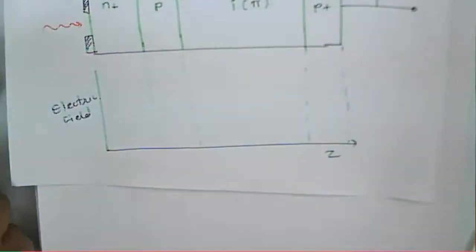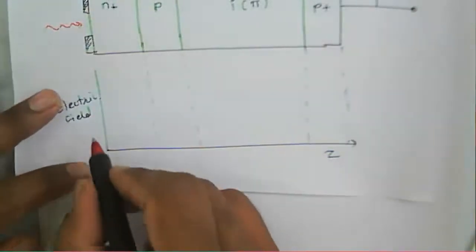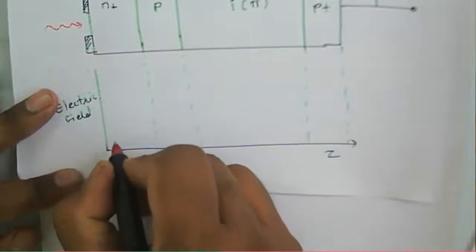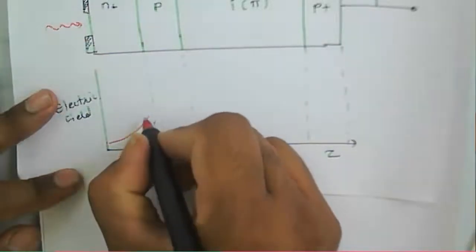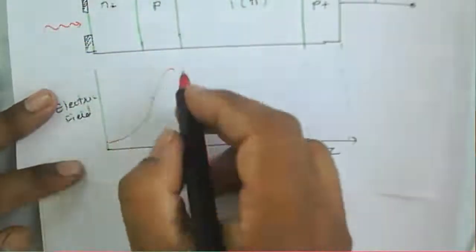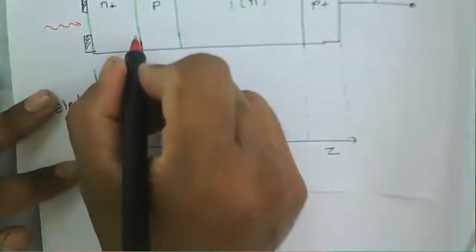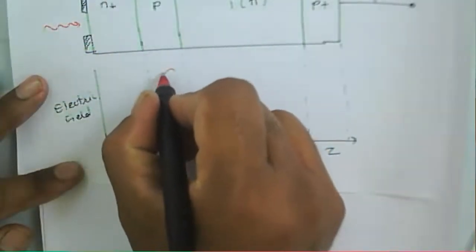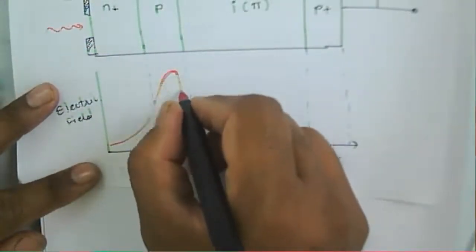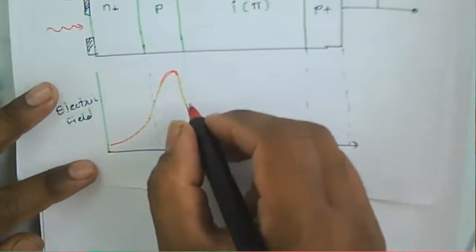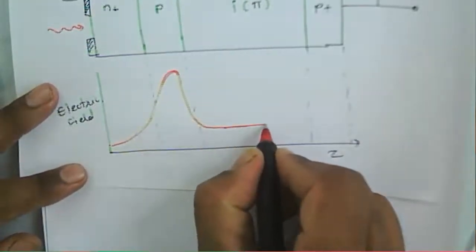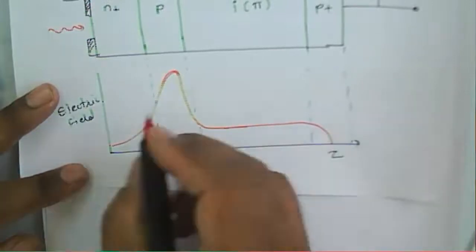Now, you see what happened because of the large reverse bias voltage we are applying. In this particular N and P junction, it will generate a high gain, or you can say a high field domain, because we have a high electric field.